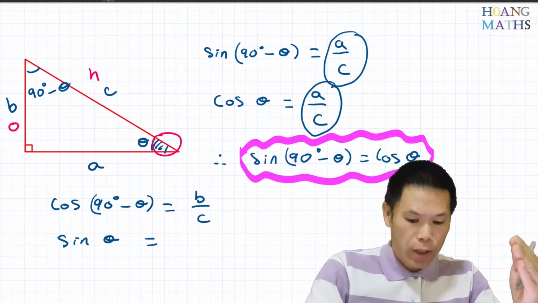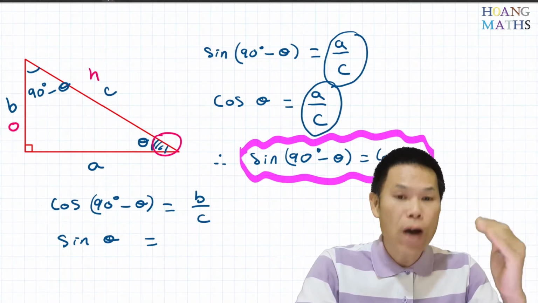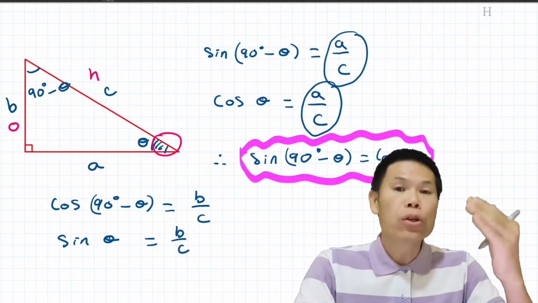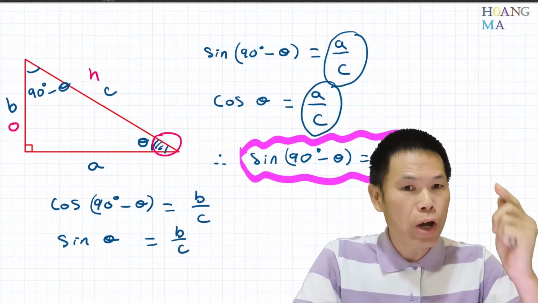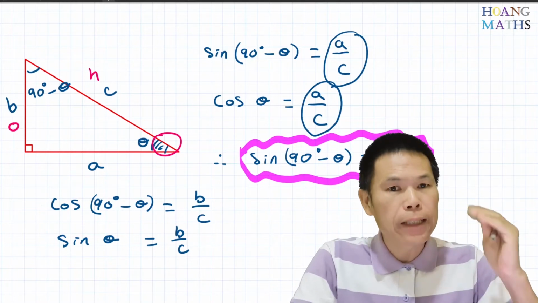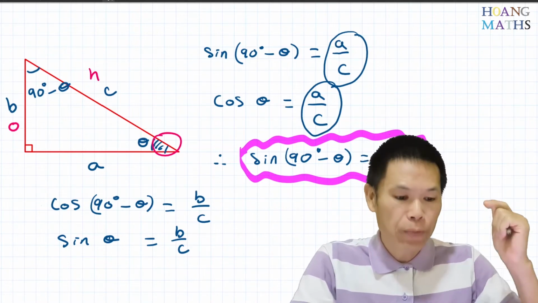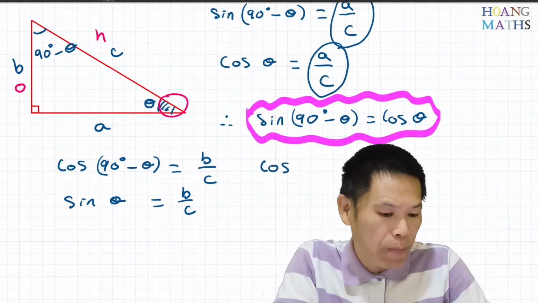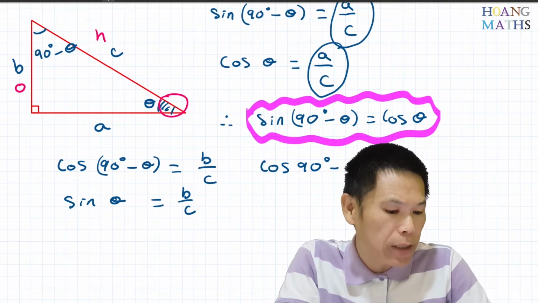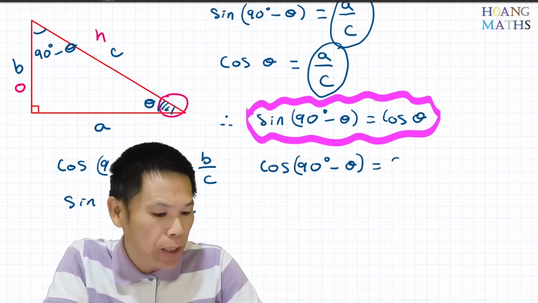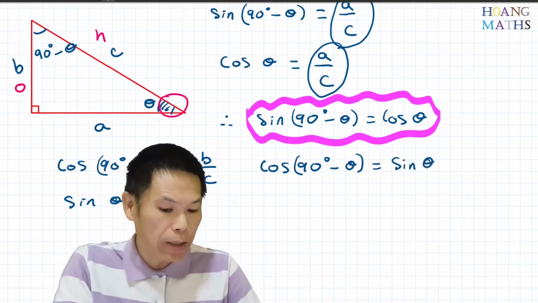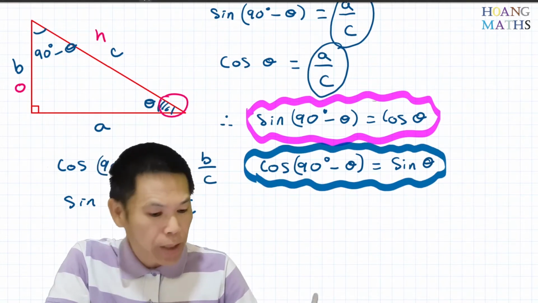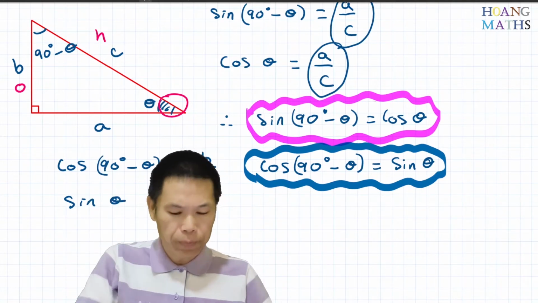So therefore, sine of theta is B over C. So you can see cos of 90 minus theta is exactly the same as sine of theta. So let me just write this down. Cos of 90 degrees minus theta is equal to sine of theta.